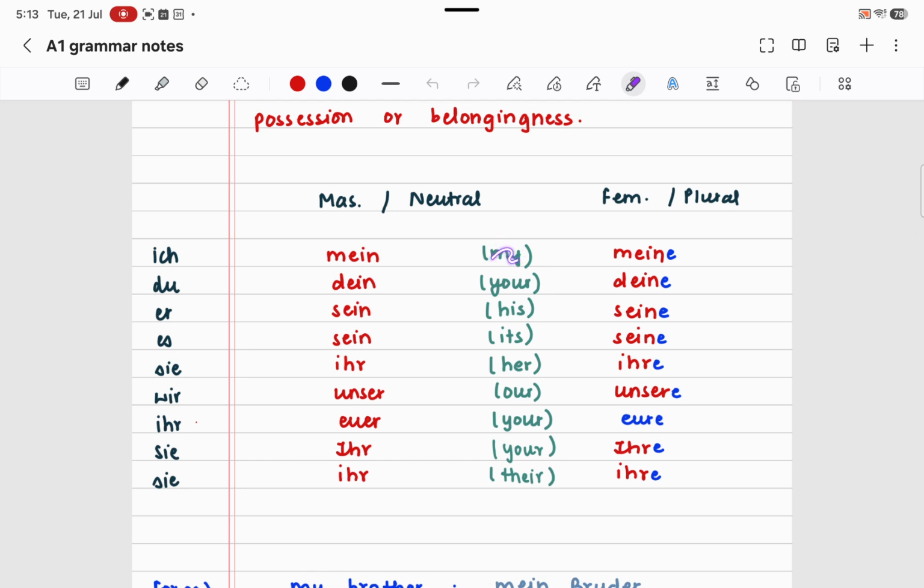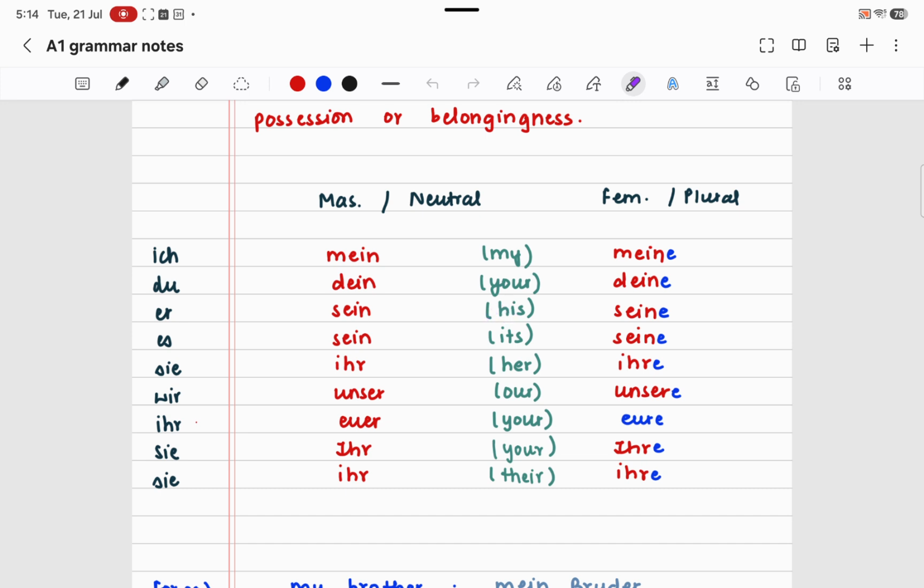Suppose you want to say my. In German it is written as mein for masculine and neuter, and meine for feminine and plural. Then comes your, which is dein and deine.